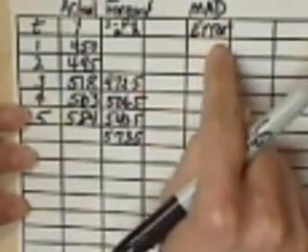So these are actuals. So 518, and we can calculate error then. Error is always the actual minus the forecast.